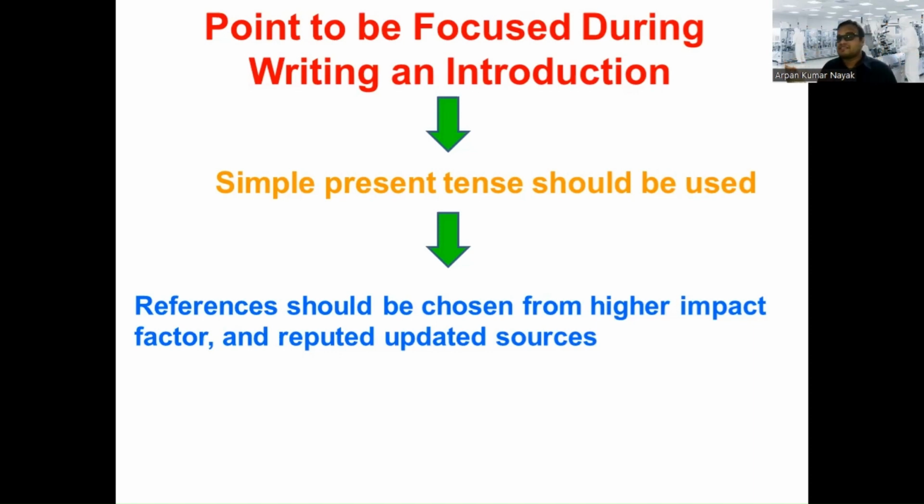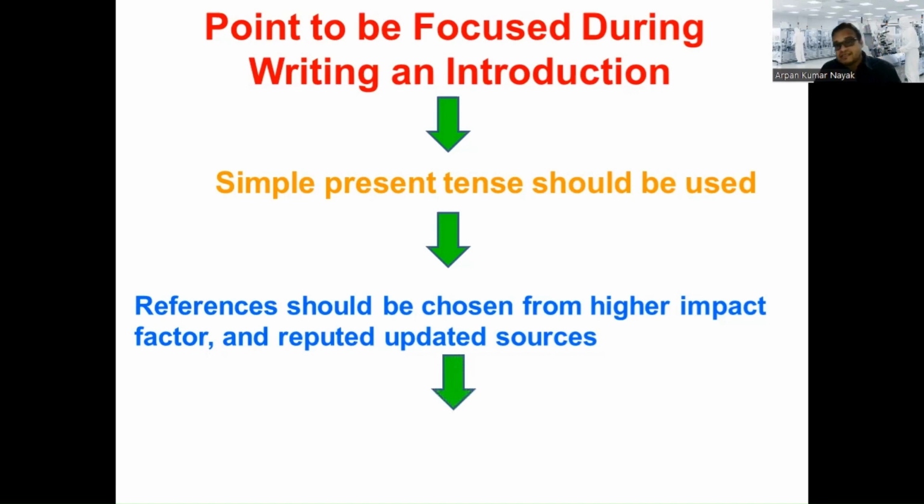You can also take some references from reputed review articles, because when you take the broad area of the subject, first it will be broad, then you have to take the smaller area, then smaller. Similarly, you should take some review articles, like Nature review articles, or ones in your particular area. That will be good. So researchers should always try to take references for the introduction section from reputed sources.